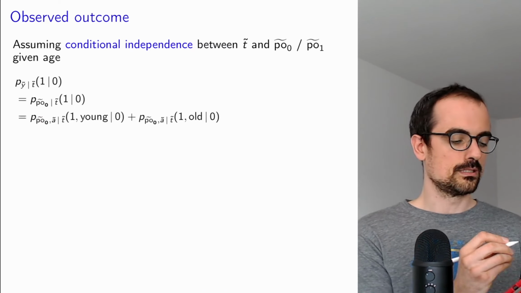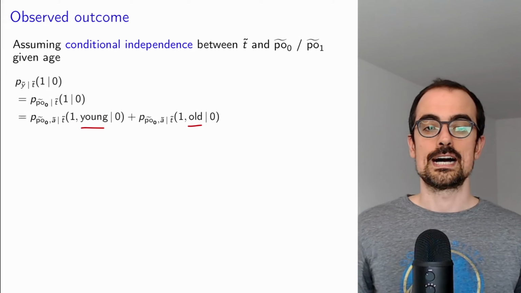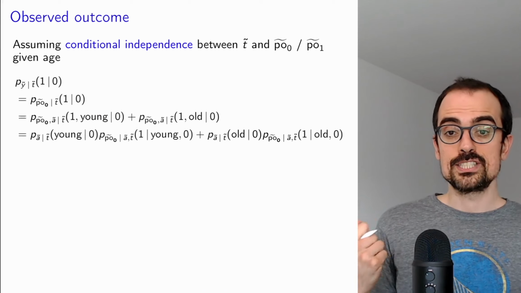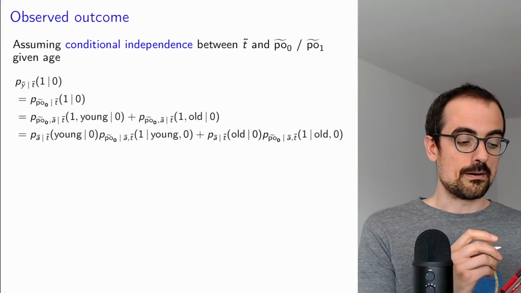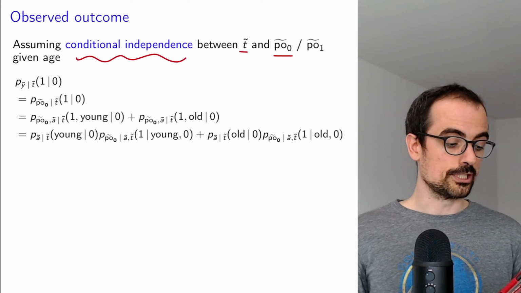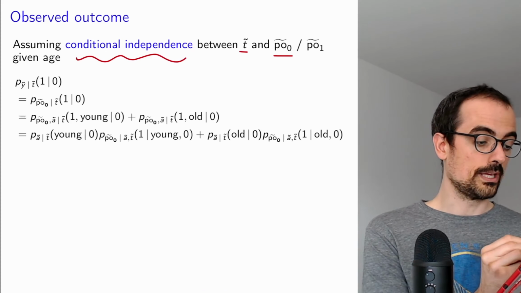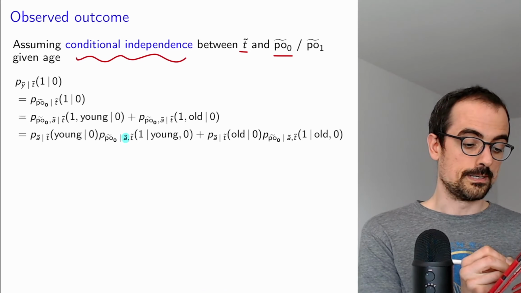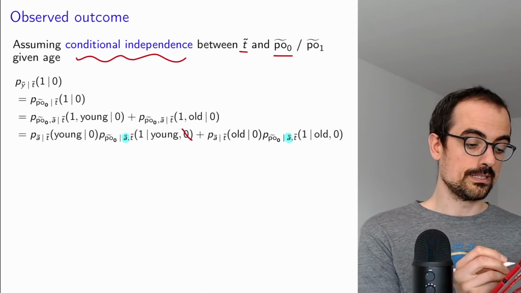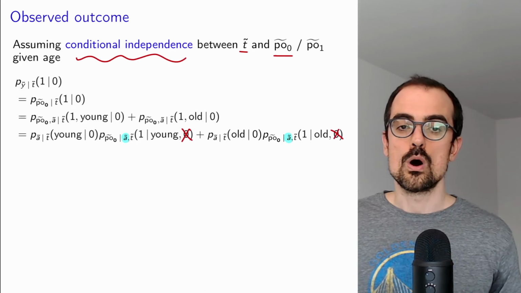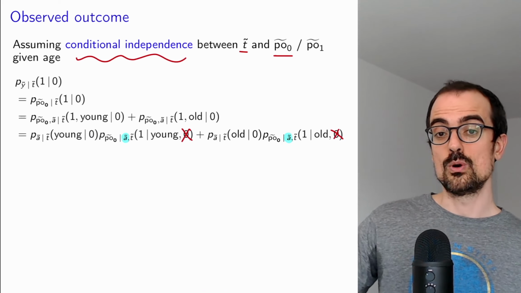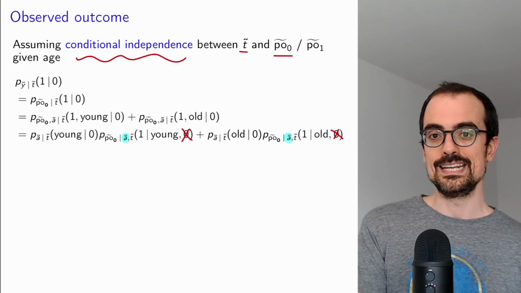So now we're going to separate, again by the law of total probability, between young and old people, and we're going to apply the chain rule and also our assumption of conditional independence between the treatment and the potential outcomes given age. Here, because I'm conditioning on age, the treatment is no longer relevant once I condition on age, because of this assumption that for the ages I do have representative populations within each age.